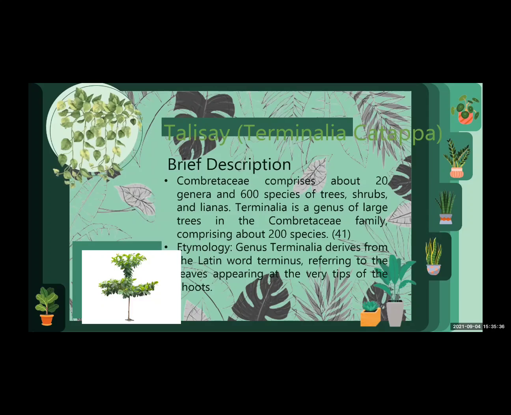So the Talisay, Terminalia catappa, brief description. Combretaceae comprises about 20 genera and 600 species of trees, shrubs, and lianas. Terminalia is a genus of large trees in the Combretaceae family, comprising about 200 species. Etymology: genus Terminalia derives from the Latin word terminus, referring to the leaves appearing at the very tips of the shoots.